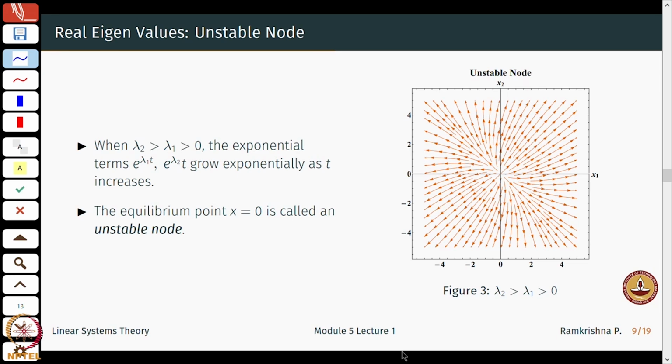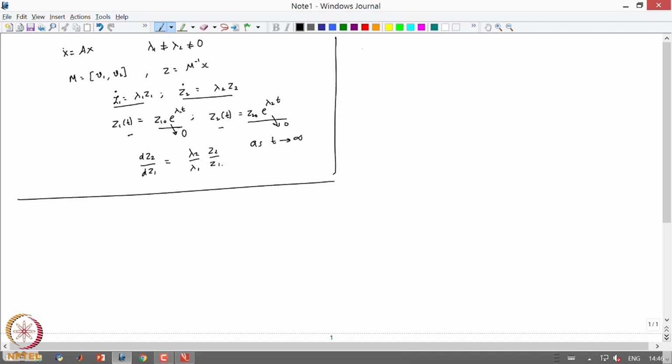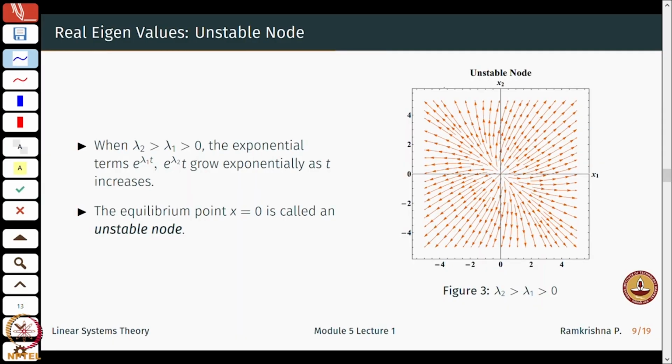Unstable node: everything is still the same, except that both lambda 1 and lambda 2 are positive. So, e power lambda 1 t and e power lambda 2 t will both go to infinity as t goes to infinity. When lambda 1 and lambda 2 are greater than 0, the exponential terms grow exponentially as time increases.